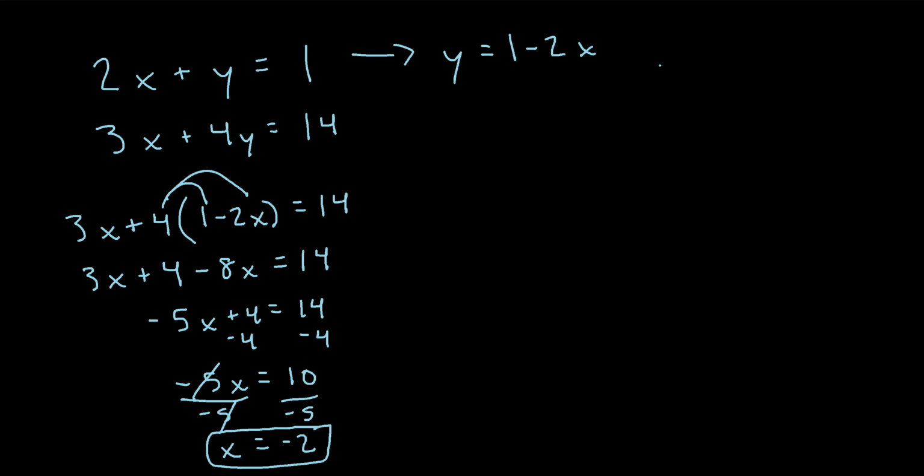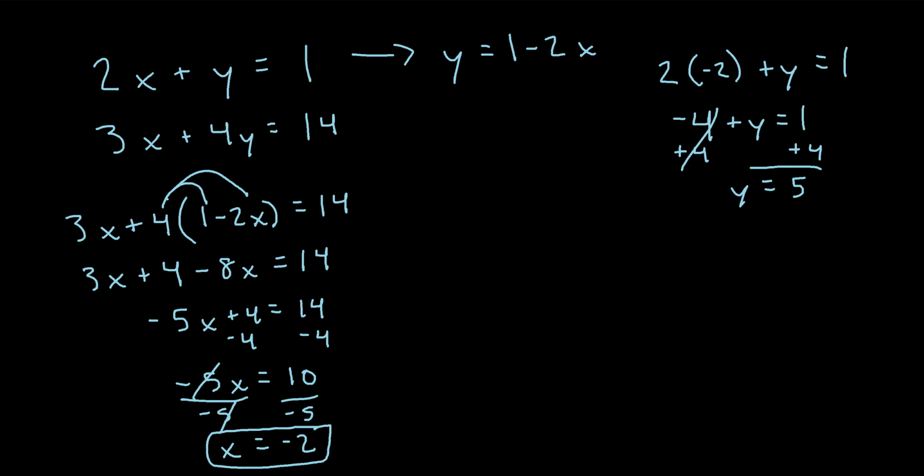So we'll say 2 times negative 2 plus y is equal to 1. So 2 times negative 2, that's negative 4. So negative 4 plus y is equal to 1. And now if we add a 4 to each side, these will cancel out and we'll be left with y is equal to 5. So our final answer, we can write it as a coordinate pair, negative 2, comma 5.